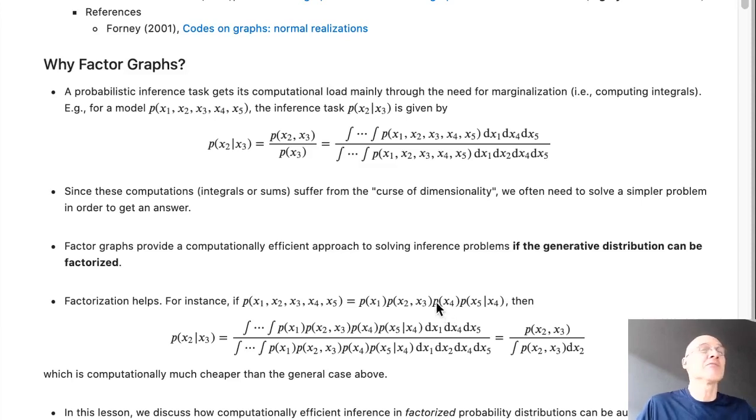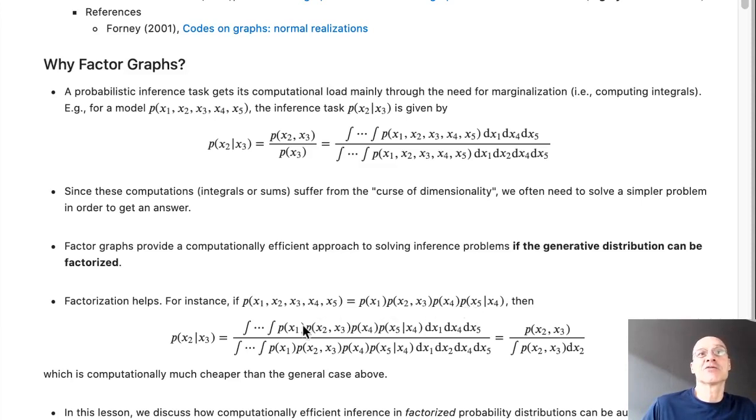And so on, P of x4 and P of x5 given x4. So by encoding a joint distribution as a product of probability distributions that each have only a subset of variables, we are encoding an independence structure in this model, and that should really narrow down the number of computations.